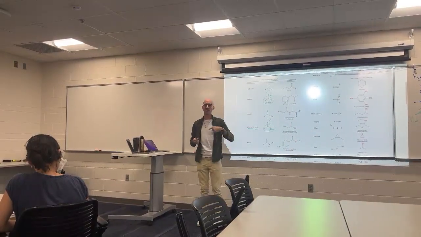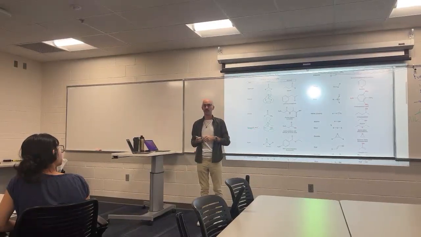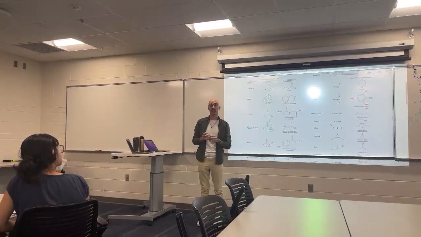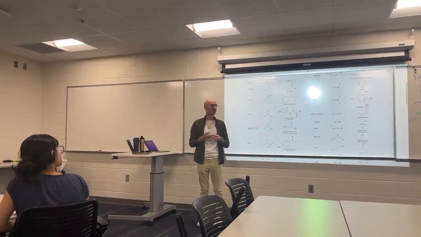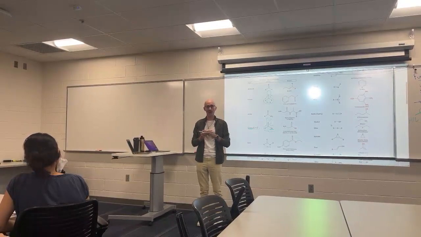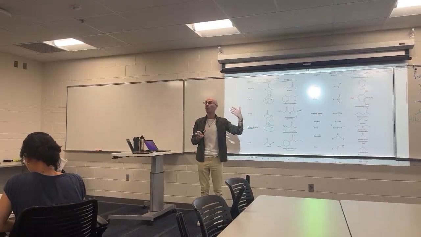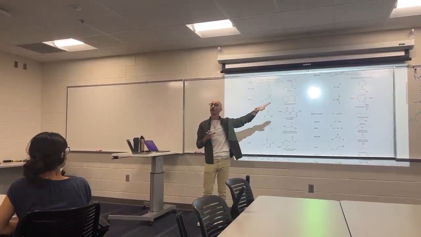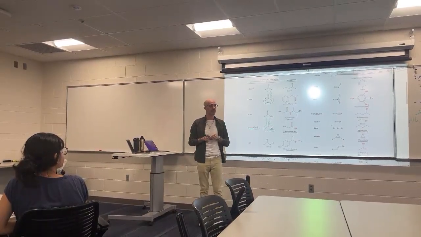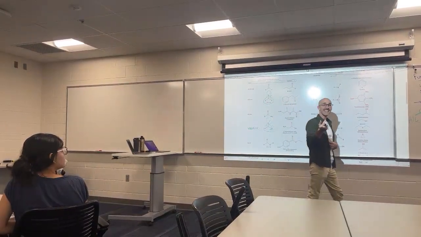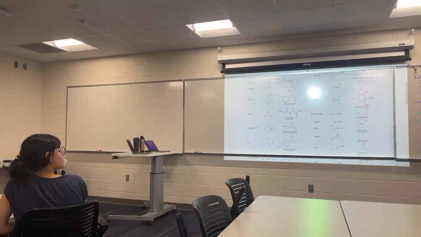And I tell my OChem 2 students again to remind them, you don't look at a carboxylic acid and say, well, when the alcohol does such and such. No, there is no alcohol in the carboxylic acid. Yes, they both have OH groups, but those OH groups have different properties. One of those properties is resonance in the conjugate base.